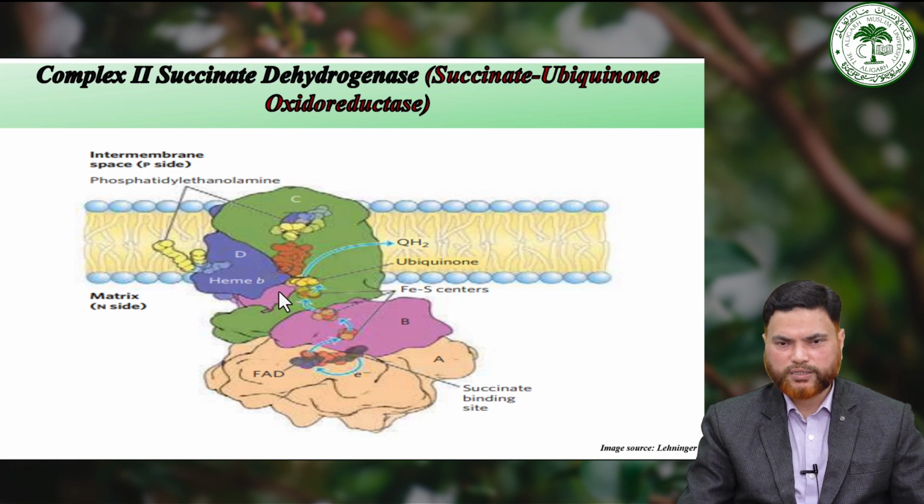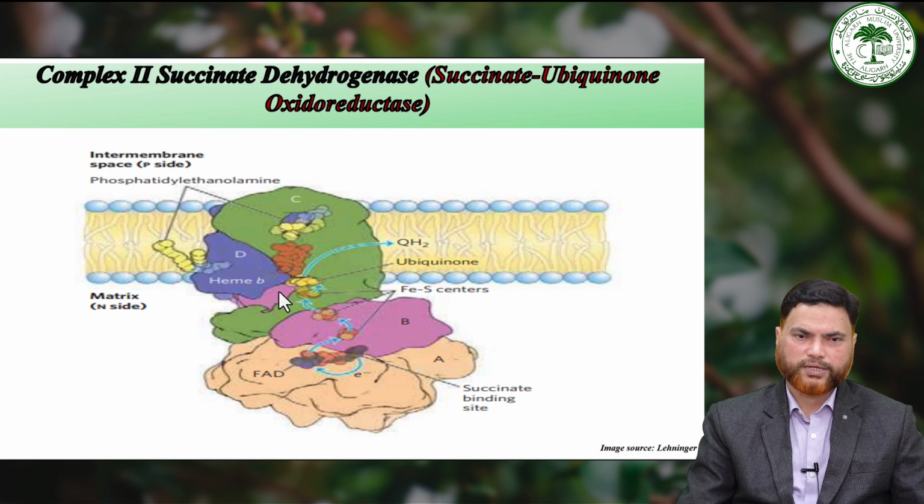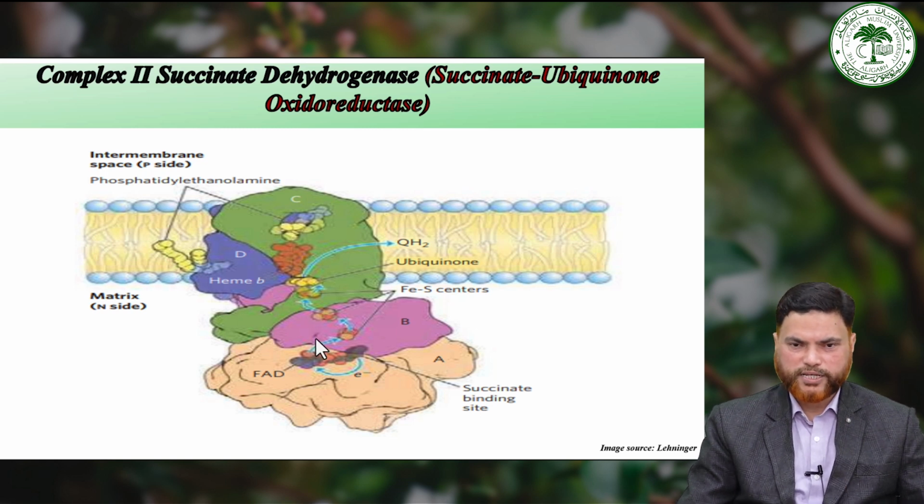So, in this aspect, complex 2 does not contribute to the creation of a proton gradient, as it is only involved in the transfer of electrons, not outward pumping of protons. So, in this aspect, complex 2 is different from complex 1. You should note this differentiating point.